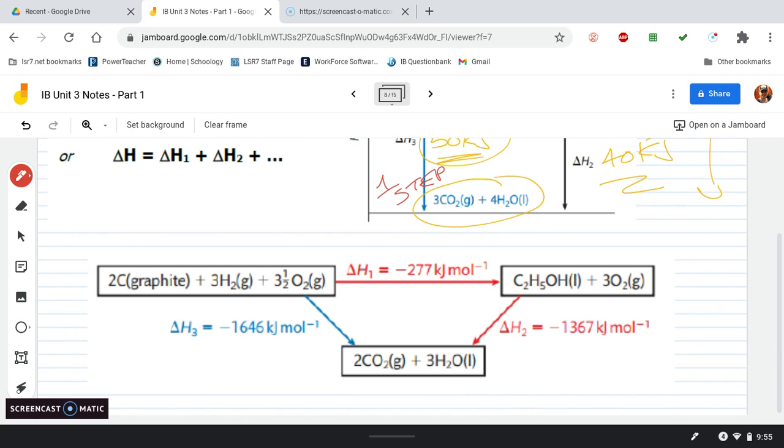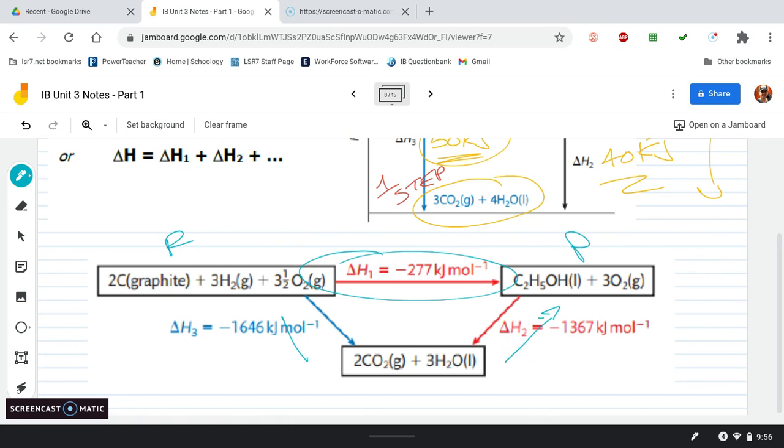So here's the same idea. So I could jump across here, go from my reactants to my products. And so that would be a single step. And so you would have this value, or you could go in this direction here to here.